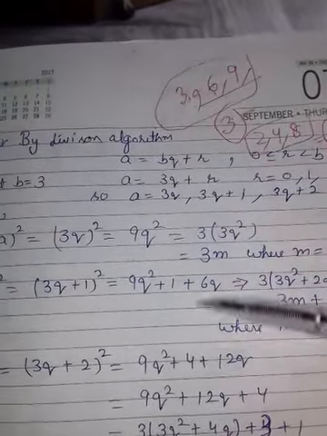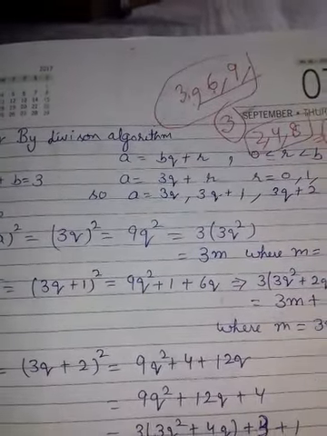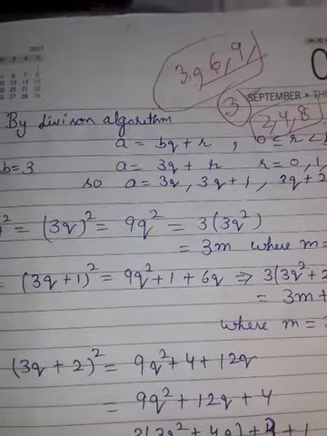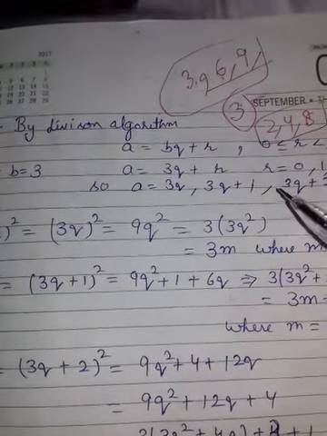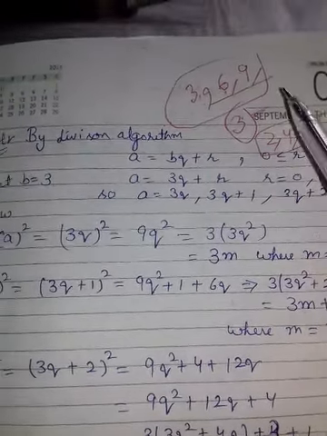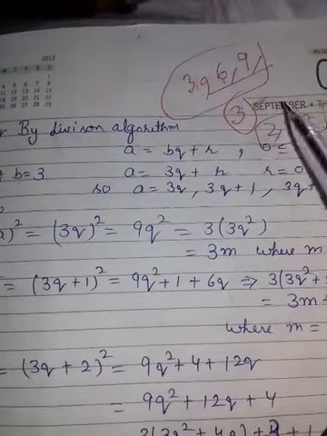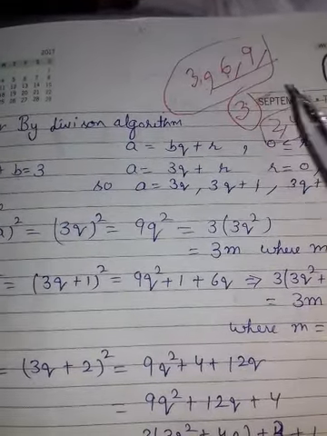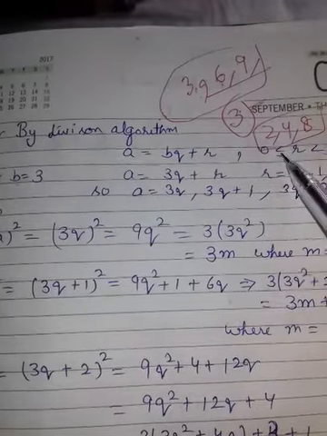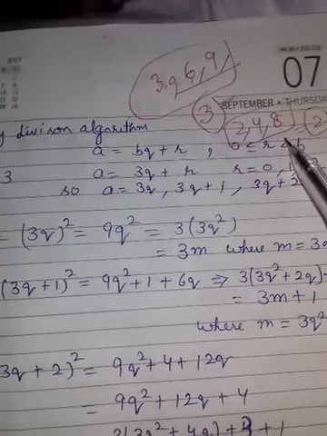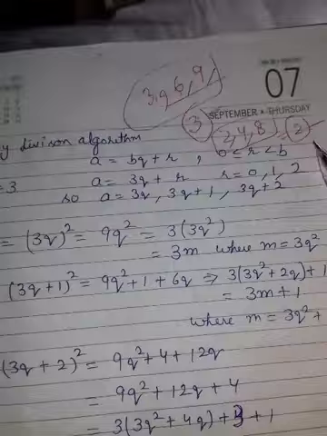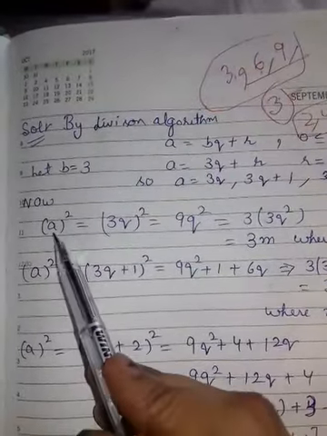How many cases you have to discuss? 6 cases. So to reduce your burden, if square and cube is given, you will take the base as 3 for 3, 6, 9, and you can take 2 for 2, 4, 6, 8.